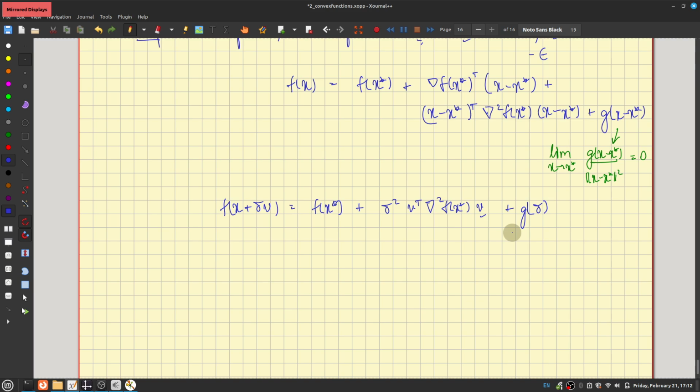Again, for sufficiently small delta, this quantity is less than 0 for all small enough delta, which means that this cannot be a local minimum.